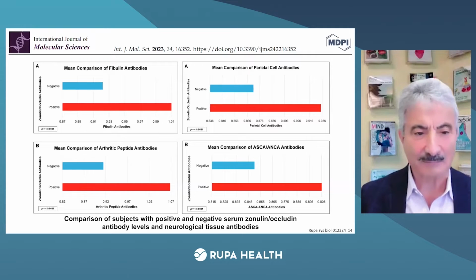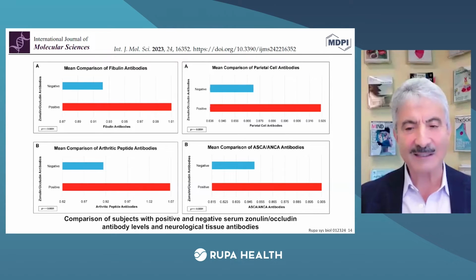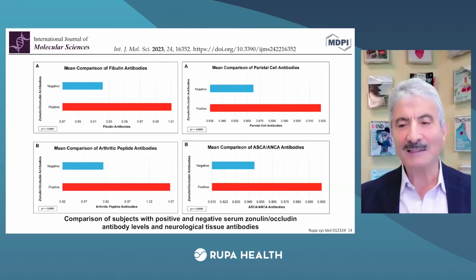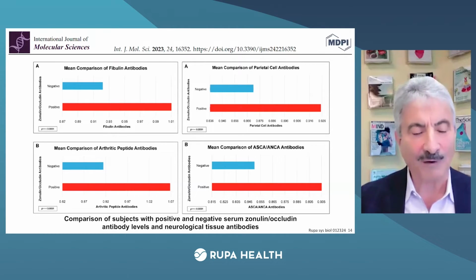Individuals with leaky gut, in all 4 cases, had much higher levels of antibodies against fibrillin, arthritic peptide, parietal cell, ASCA and ANCA, which are involved in Crohn's and ulcerative colitis.